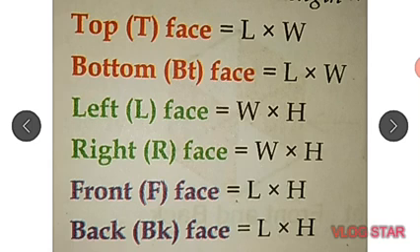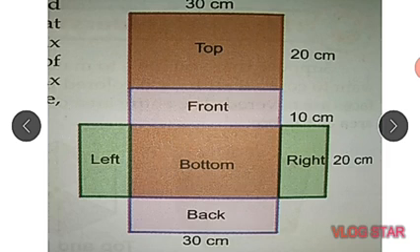So here are the 6 faces: the top face, bottom face, left face, right face, front face, and back face. The left and right faces and the front and back faces vary depending on the way you look at the rectangular prism. This is the net of a rectangular prism.